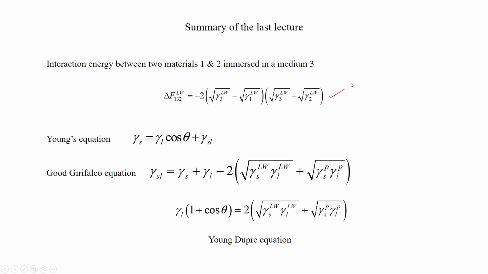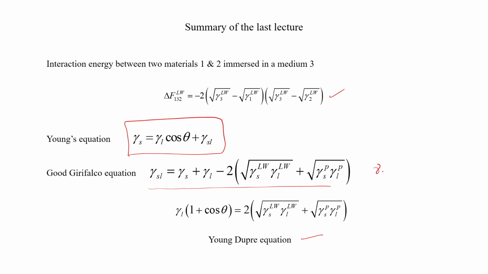And then we also presented Young's equation without giving the proof of how it is derived. But then we used this Young's equation with what is known as the Good-Girifalco equation to derive what is known as the Young-Dupré equation. The Good-Girifalco equation considers both the Lipschitz van der Waals component and the polar component of surface energy.